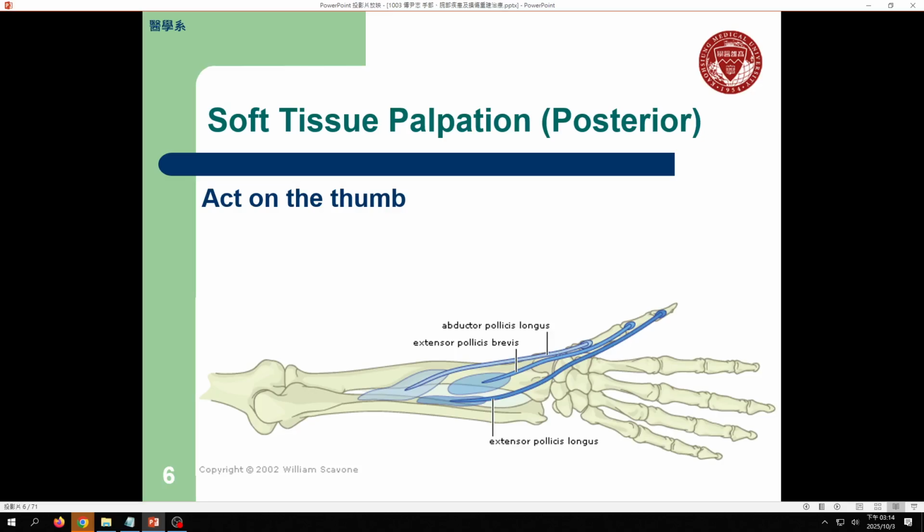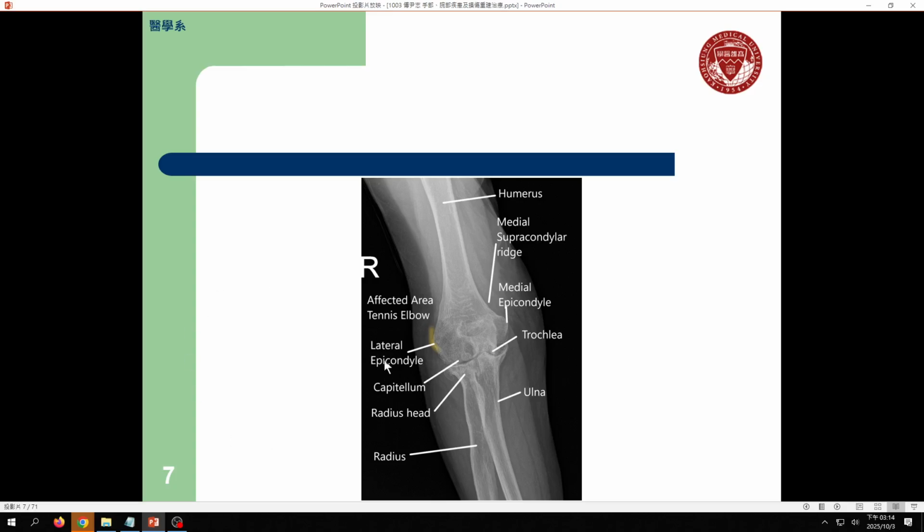Okay, and why do I want to say that? In this bony anatomy, there is the lateral epicondyle. The patient says that around here, pain, tenderness. Okay, what's your diagnosis? Not a bony lesion around the epicondyle area. The lateral epicondyle is the extensor tendon origin, right?